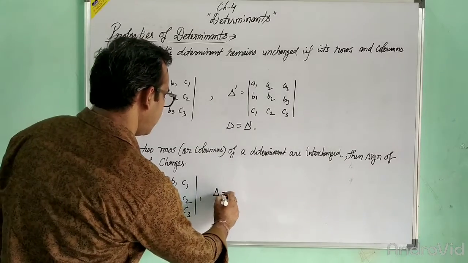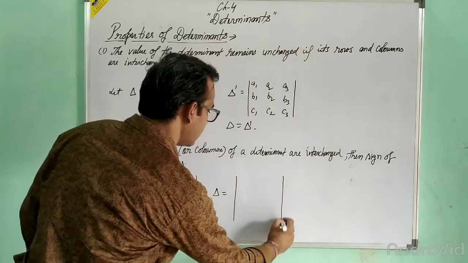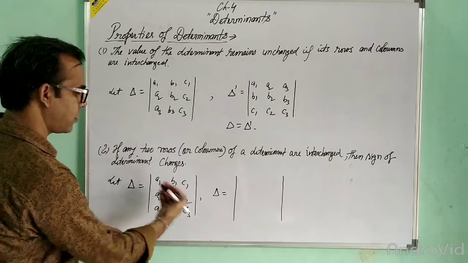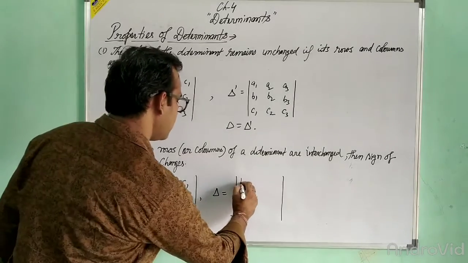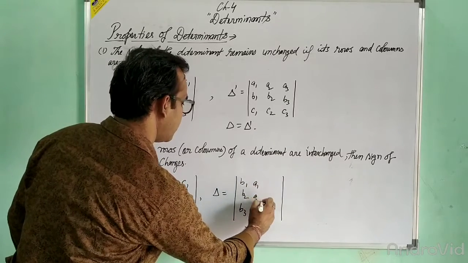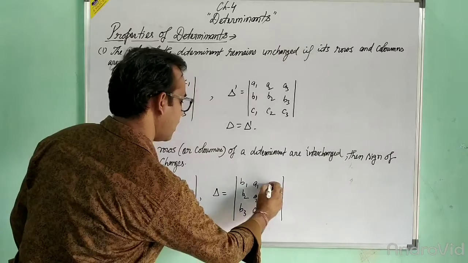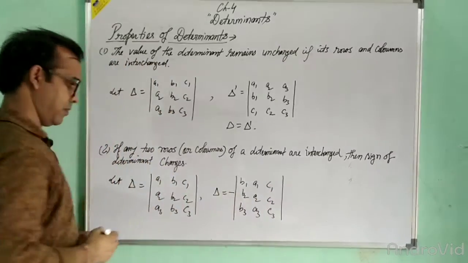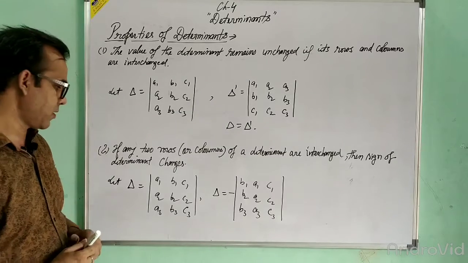Then if we change, suppose जो ये column 2 है उसको column 1 की जगह लिख दें, column 1 को column 2 की जगह लिख दें, means b1 b2 b3 a1 a2 a3 and third column जो है उसको हमने वैसे ही रहने दिया, तो यहां पर एक माइनस साइन आ जाएगा.